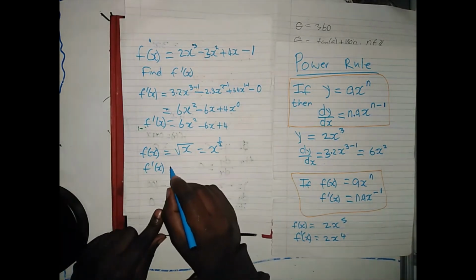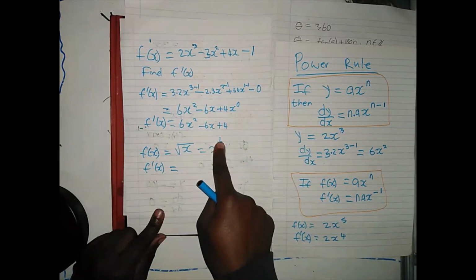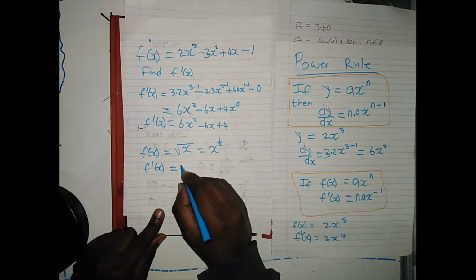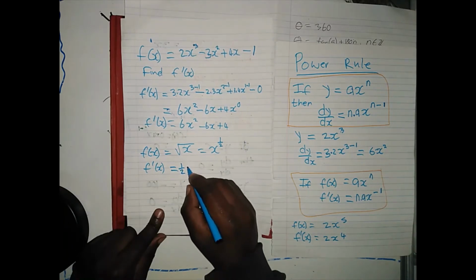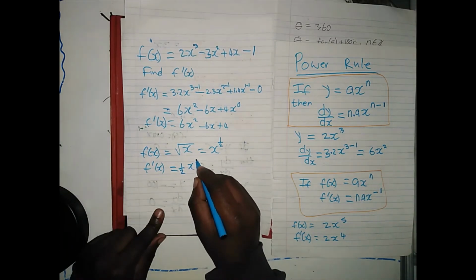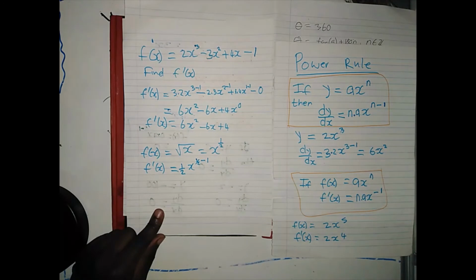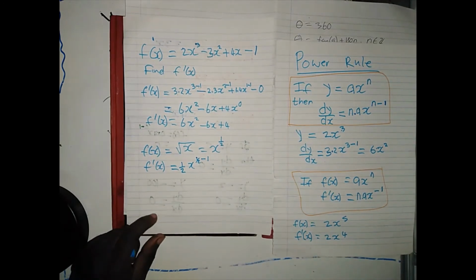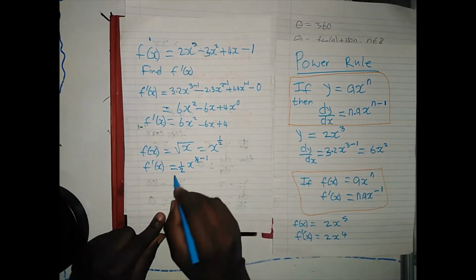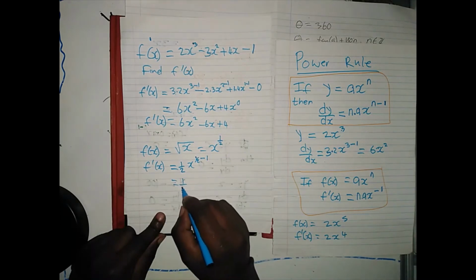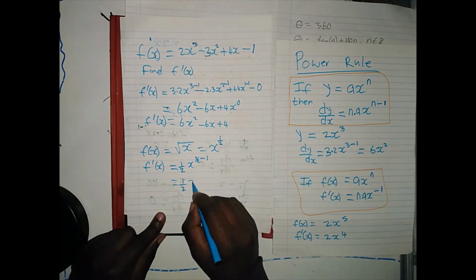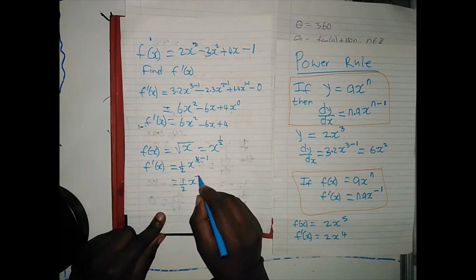Now what do I then do? I take this 2 to this side, so I'm going to say half times x to the power half, the one that was already here, but now minus 1. Therefore, this will give me half x to the power 1 minus half, that is minus 1 over 2.